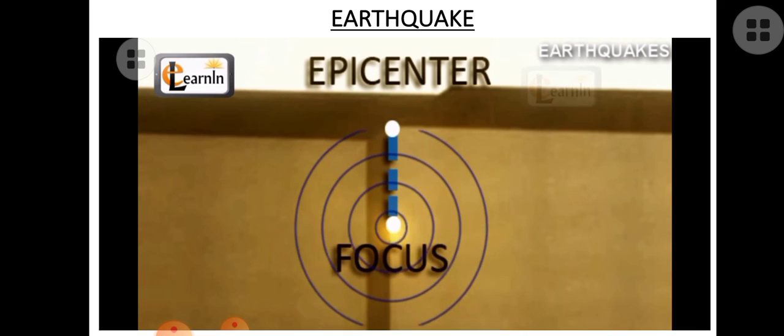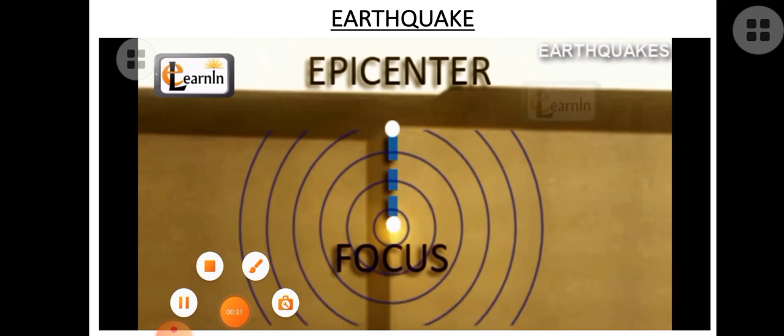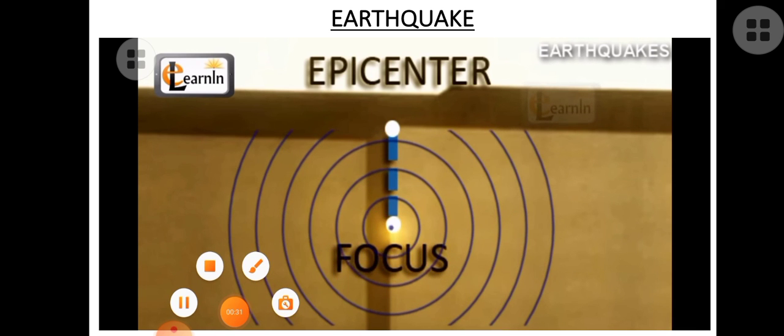So you watched two things happening here. In the first portion, you saw two tectonic plates meet each other. They converged, they met, they hit each other. When two tectonic plates hit each other, it forms an earthquake.